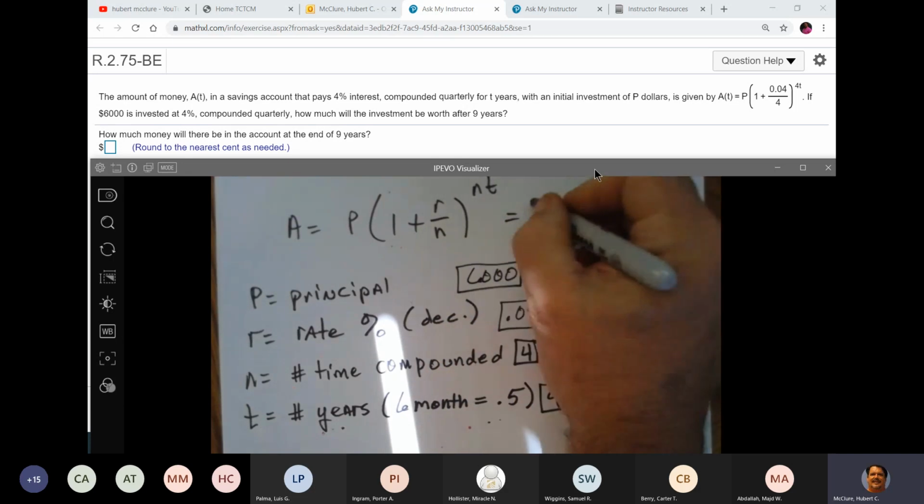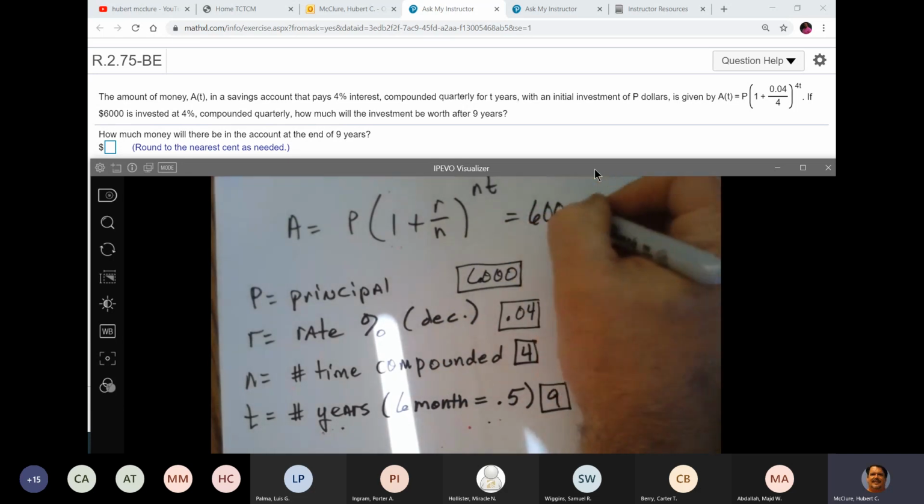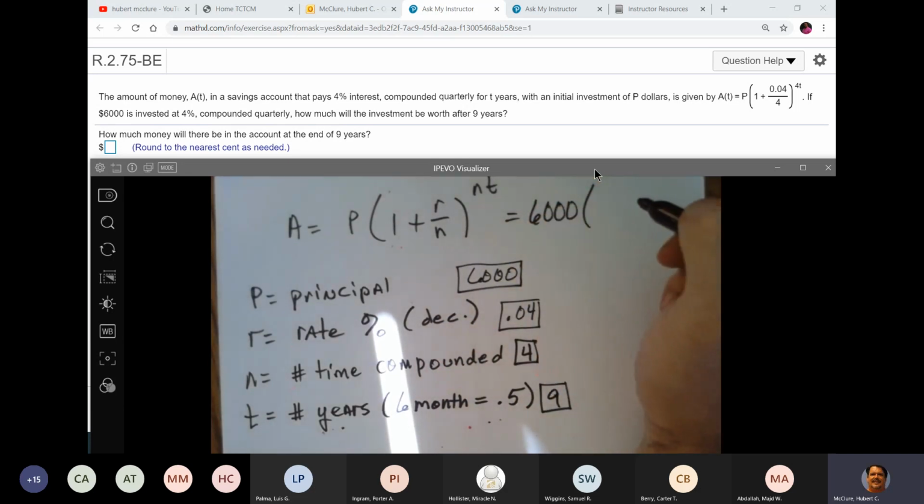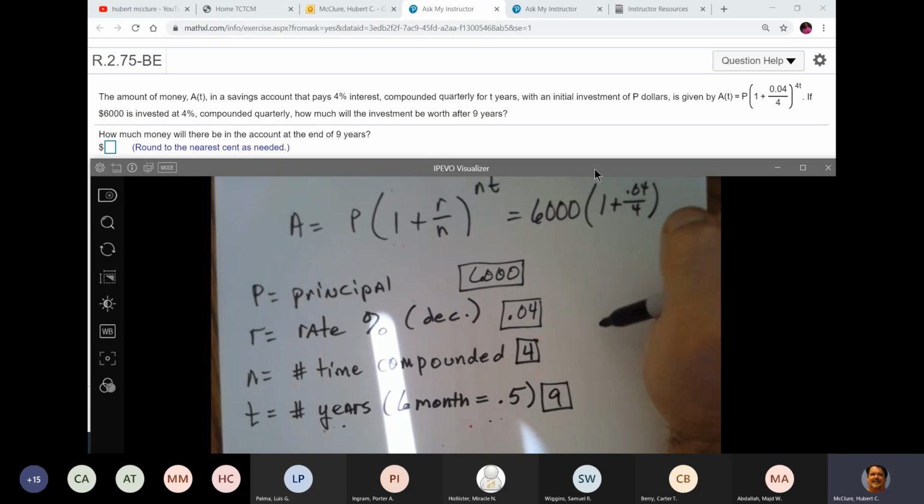So 6,000. I'm just going to write it, and then we're going to work it on a calculator, because there's no reason to write anything else after you write the initial, because you do it all in the calculator. 1 plus 0.04 divided by 4 raised to the 4 times 9, which is what, 36?